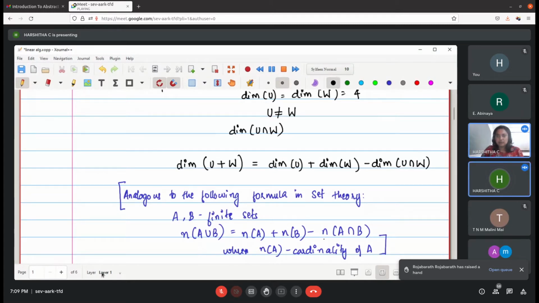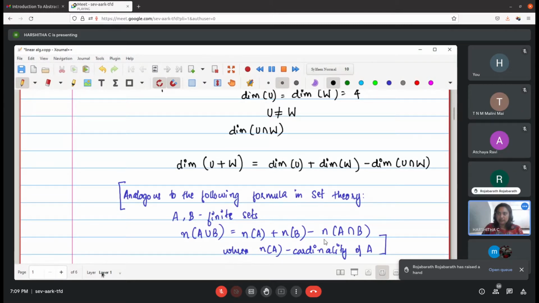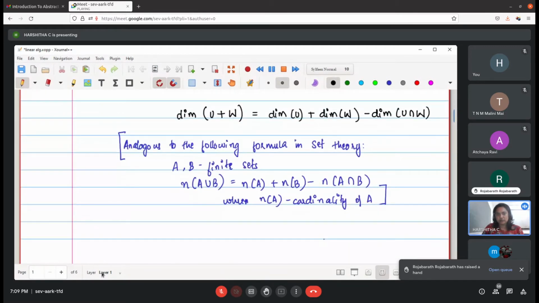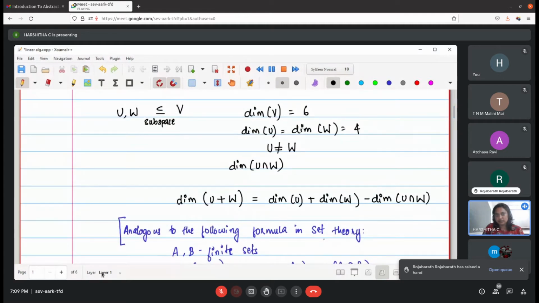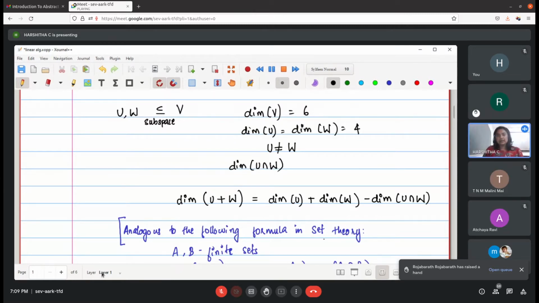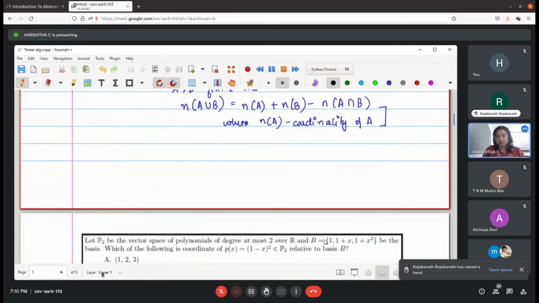Okay. So going back to this formula, let's substitute whatever values we know. We know the dimension of V, and the dimension of U and dimension of W. Directly we do not see how to use the dimension of V. The dimension of U and W we can substitute.